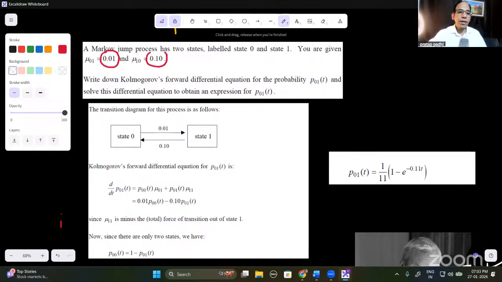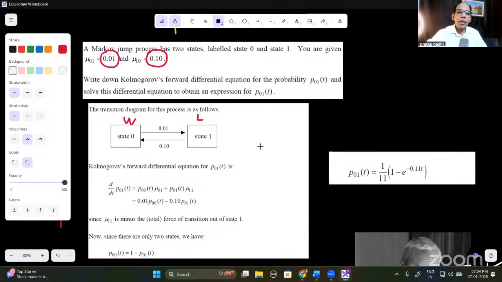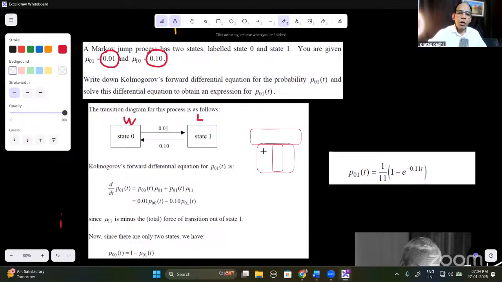Before that, I will give another example. State 0 is working in the company, and state 1 is leaving the company. Now, what will you model? Suppose this is the company, and people are working in the company.